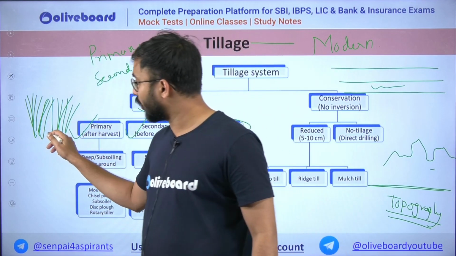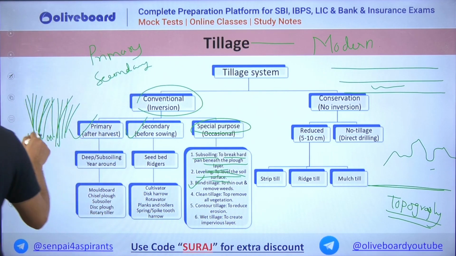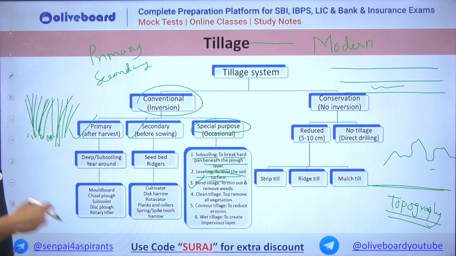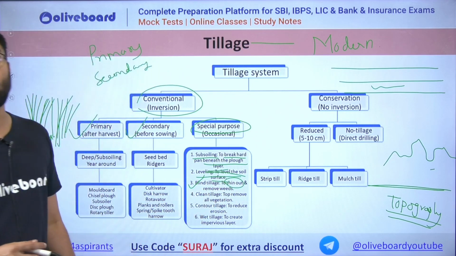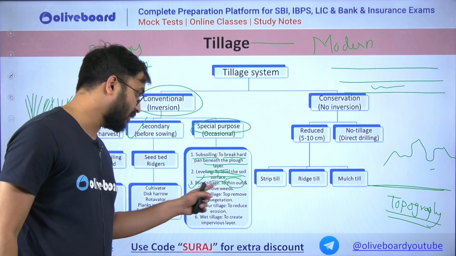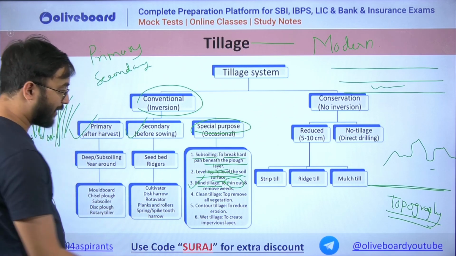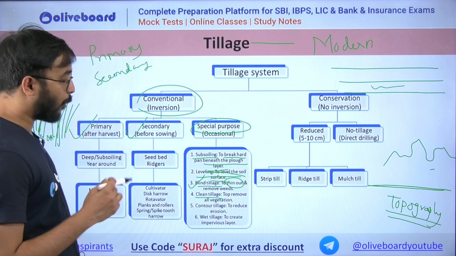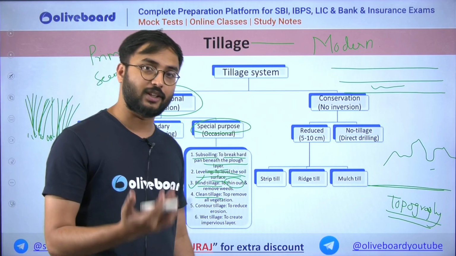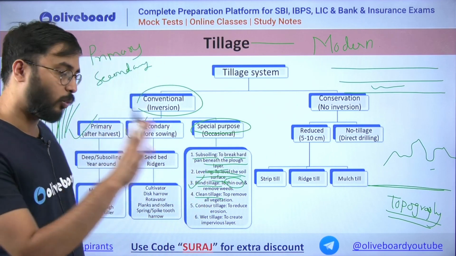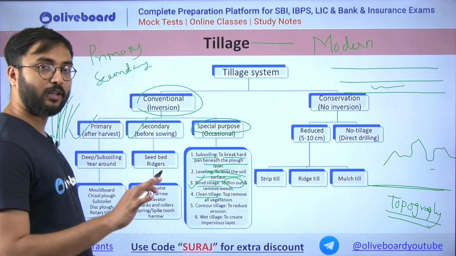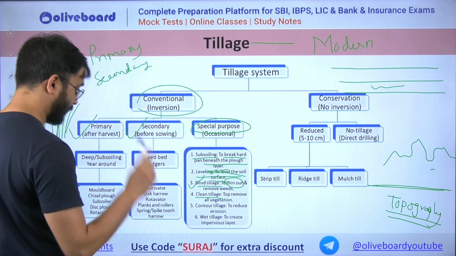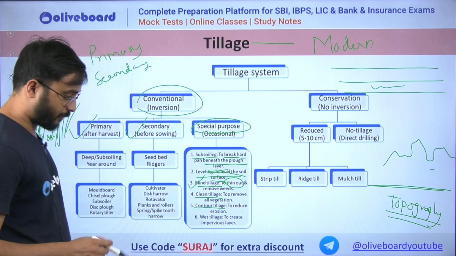From that crops, if you are removing the unwanted grasses, the unwanted whatever crop growth is there, then such activity is called as thinning out, and that is nothing but blind tillage. Then clean tillage is nothing but total removal of all the vegetation from the field. So whatever unwanted plant is there, removal of that, as well as whatever crops or crop stubble is there, as well as that. Then it's contour tillage.